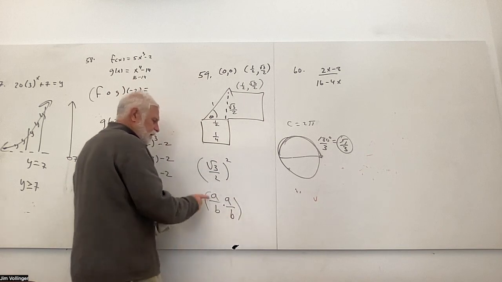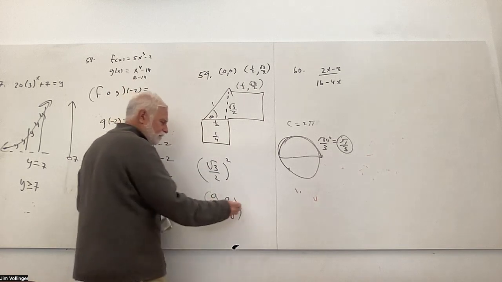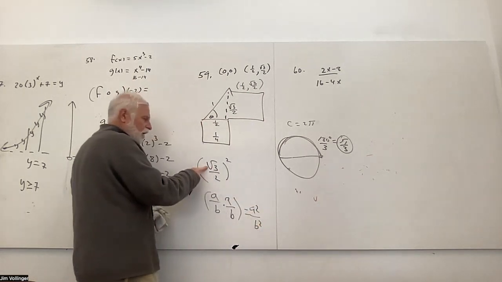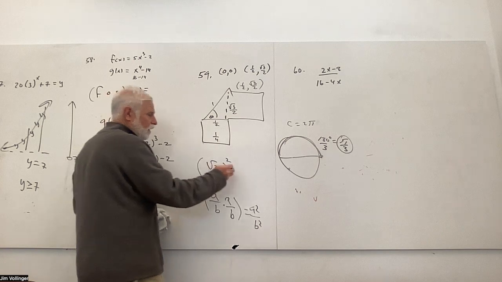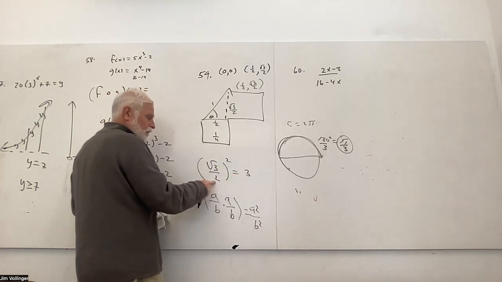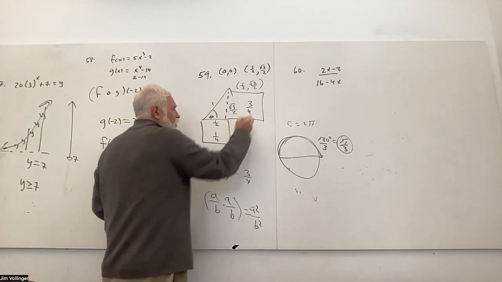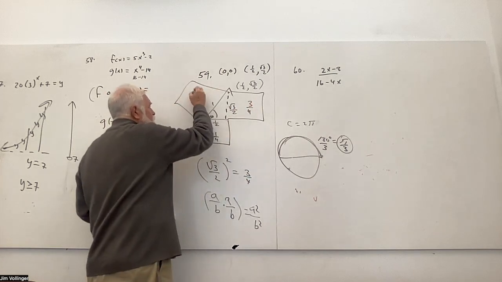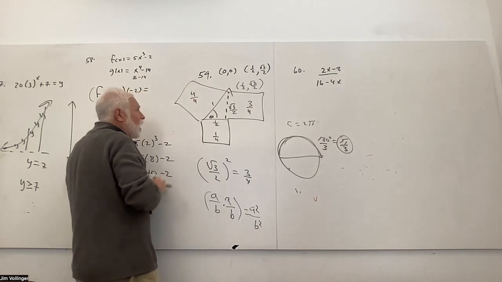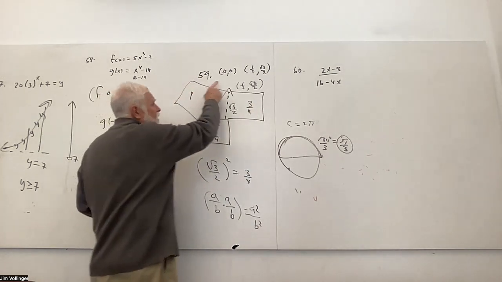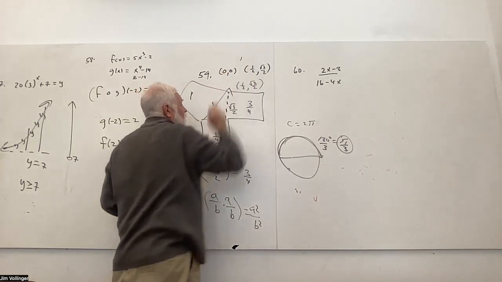As we say in India, top times top, bottom times bottom. A squared over b squared. What's a squared? Square root of 3 times the square root of 3 is 3. 2 times 2 is 4. Okay, so 1/4 area, 3/4, 4/4, which is 1. And the square root of 1 is 1. So what's the distance between these 2 points? 1 unit.